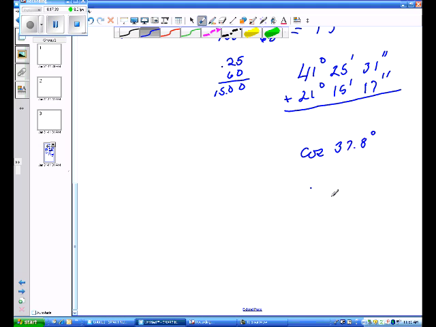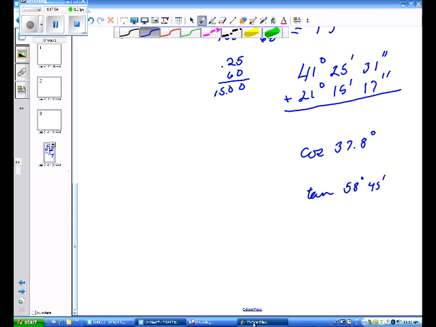So 37 and 8/10 degrees. And let's also look at the tangent of 58 degrees, 45 minutes. And let's look at how to find those using our calculator.